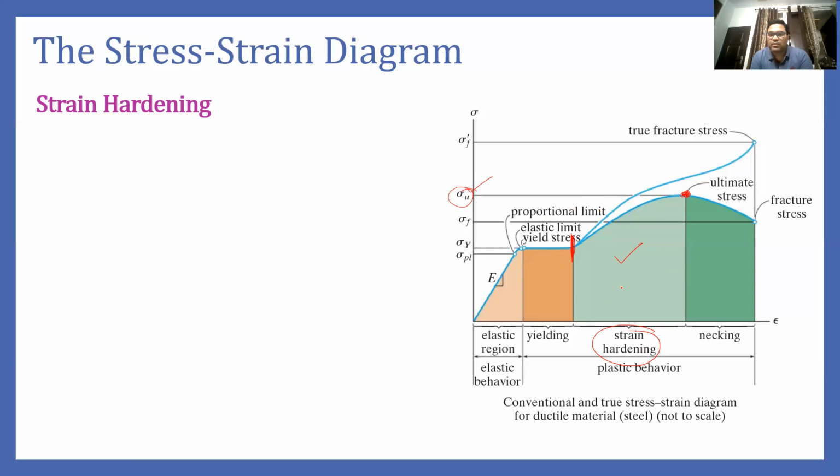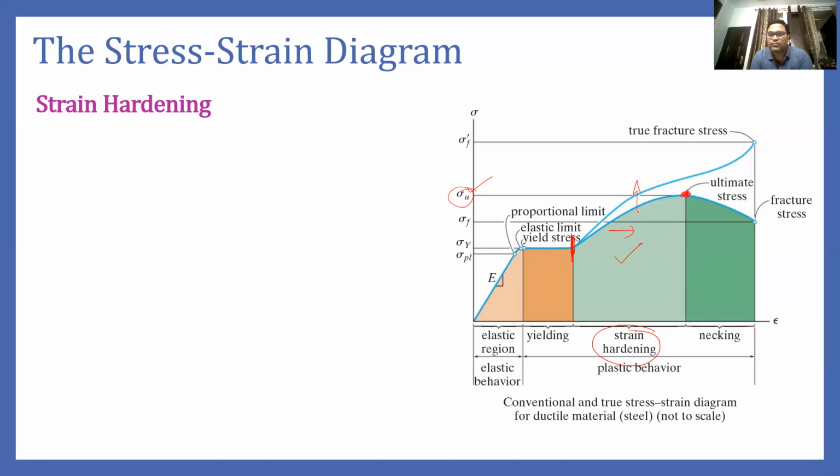Here you can see the curve is again rising, but it is not uniform. The curve is flatter, which means that as we increase the load, deformation is also occurring, which is permanent deformation.